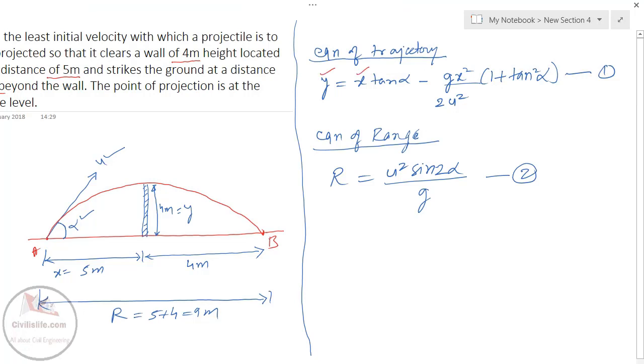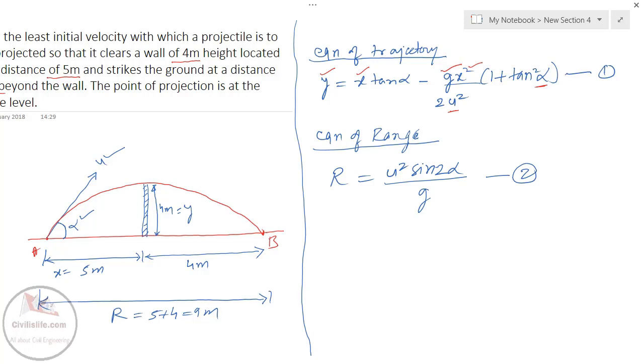But alpha is an unknown quantity which I have to find. g is known to us, x is known to us, but u is unknown here, which we have to find. So in this equation there are two unknowns, one is u and another one is alpha. Whenever there are two unknowns, I need two equations to solve the numerical.